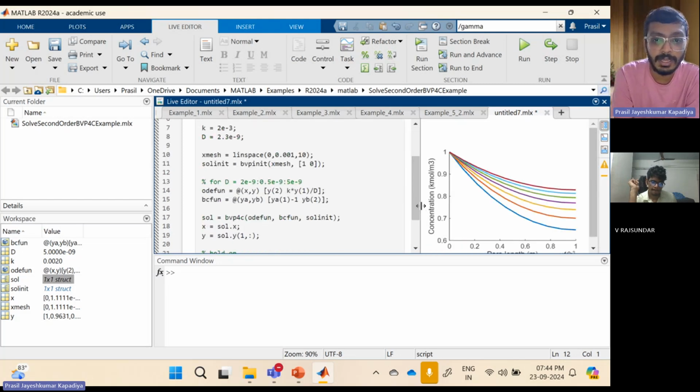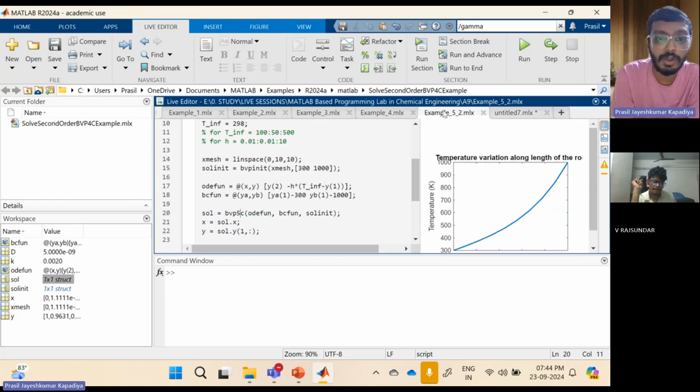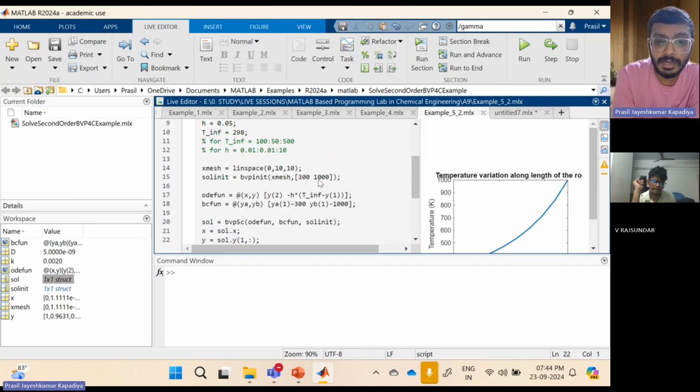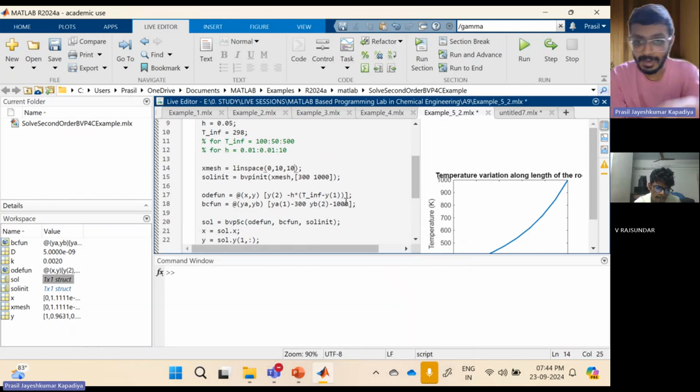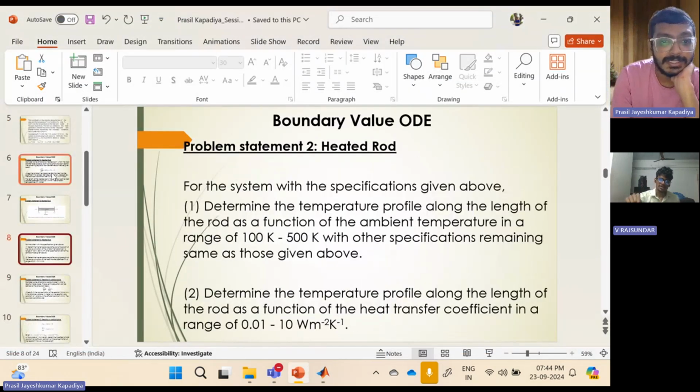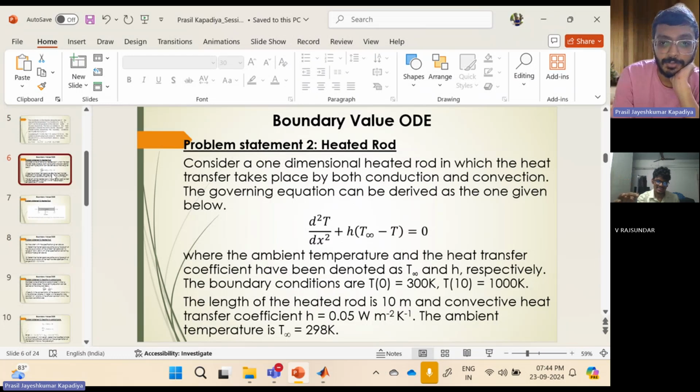So you need to be careful that it should be yb of 2. What happened when I was solving the problem of temperature variation along length? I by mistake took yb of 2 equal to 1000. I'm sharing these mistakes so you can be careful.